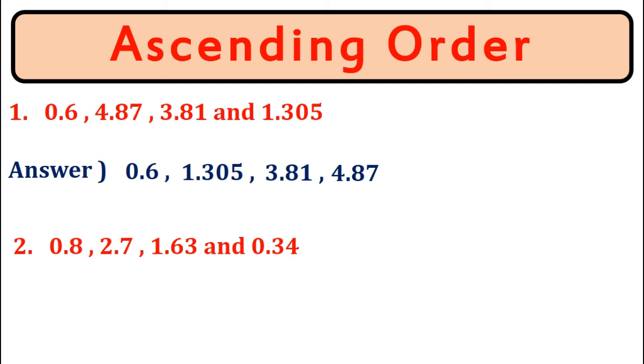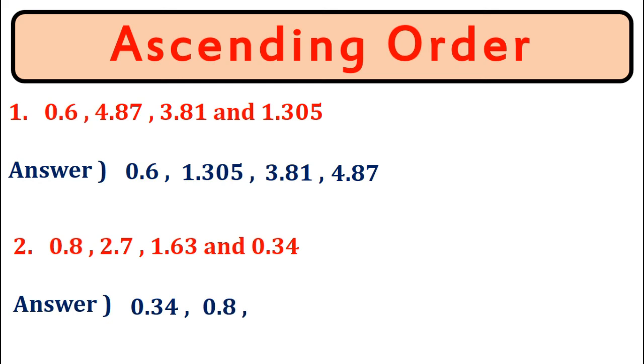So in case of 0.8, it has 8 in the tenths place, and in case of 0.34, we have 3 in the tenths place. Now out of 3 and 8, since 3 is the smallest number, first we write the decimal number 0.34. The next smallest decimal number 0.8 is written.